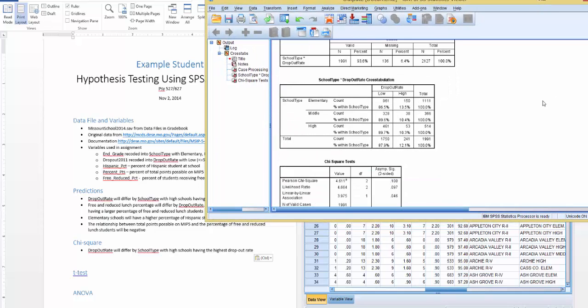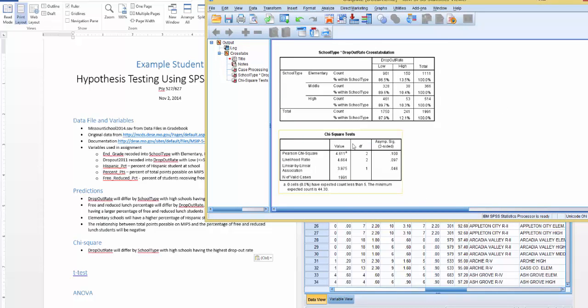The first thing we're going to look at is the chi-square and the significance of the chi-square. And we find that this is not statistically significant because the significance level is greater than 0.05. So we need both of these tables.